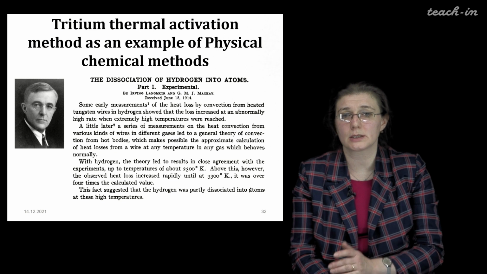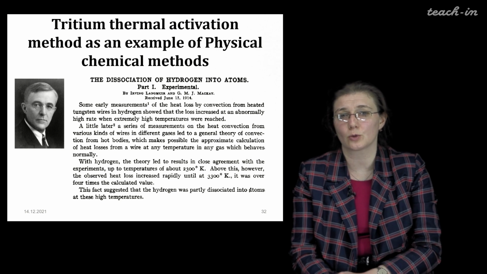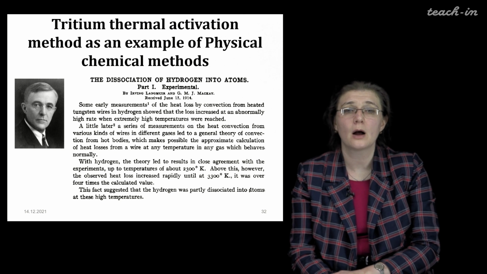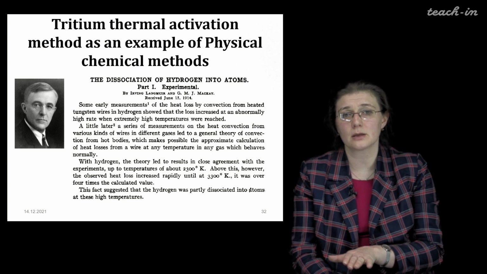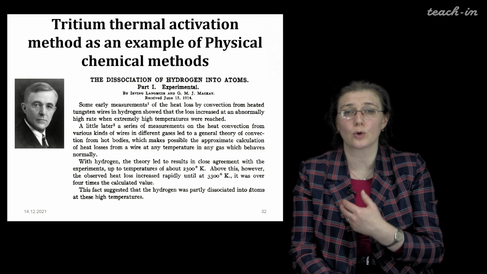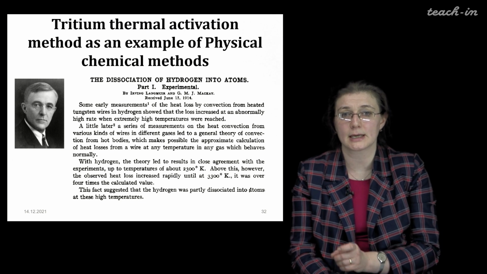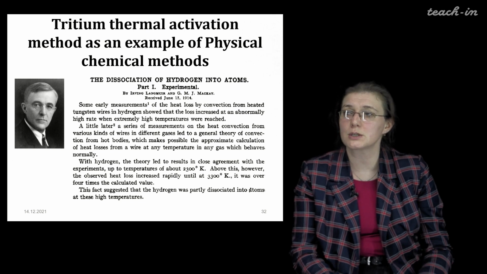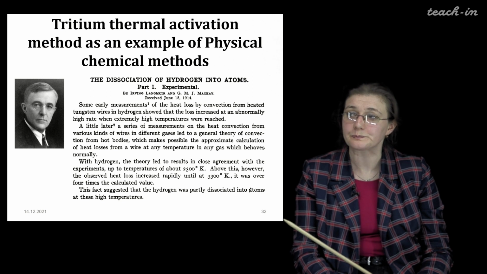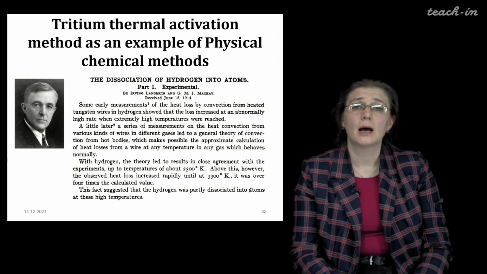Deuterium is also an isotope of hydrogen, but it is stable, like protium. With other isotopes of hydrogen, we also obtain atoms on the surface of the hot tungsten filament.